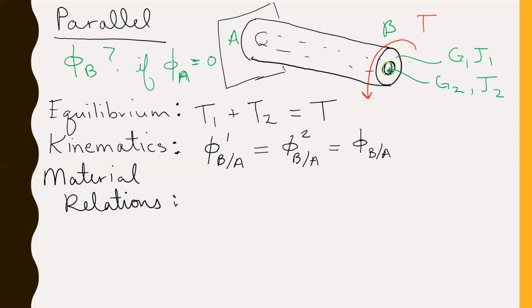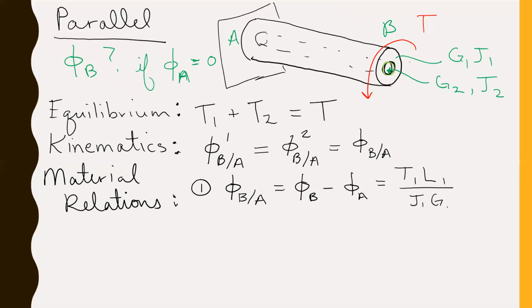So when we look at material relations, for the exterior annulus, that's member 1, we say, okay, the rotation of B relative to A, which means the angle at B minus the angle at A, has to be equal to T1 L1 over J1 G1.